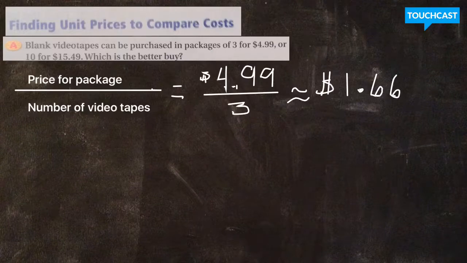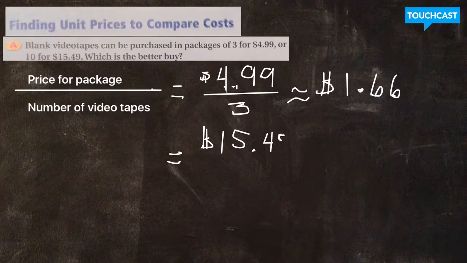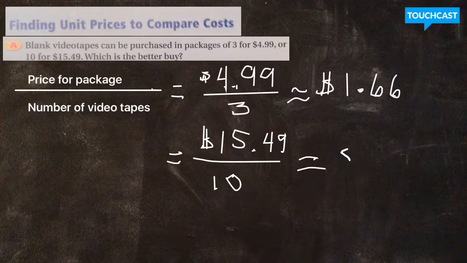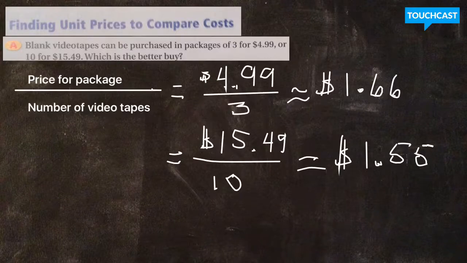It could cost $15.49 if we bought a package of 10 tapes. If we do the division, that's going to give us about $1.55 per tape. Now, would I rather pay $1.66 for one videotape or $1.55? Well, the better buy is the package of 10 because it's cheaper to buy one tape if we buy the package of 10.